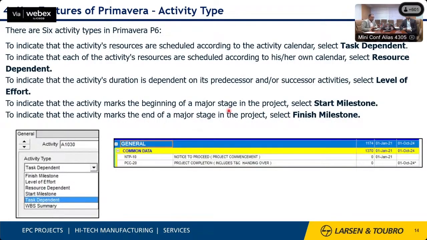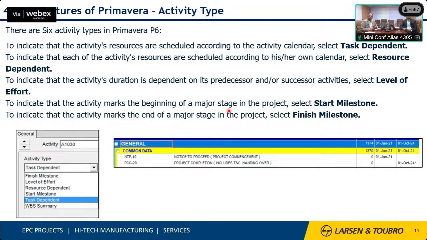Okay. The type of activity. In the program, we have 5 types of activity, of which the majority used are task dependent, resource dependent, level of effort, start milestone and finish milestone. The start milestone and the finish milestone are for the project start and the completion, or any milestone in between.